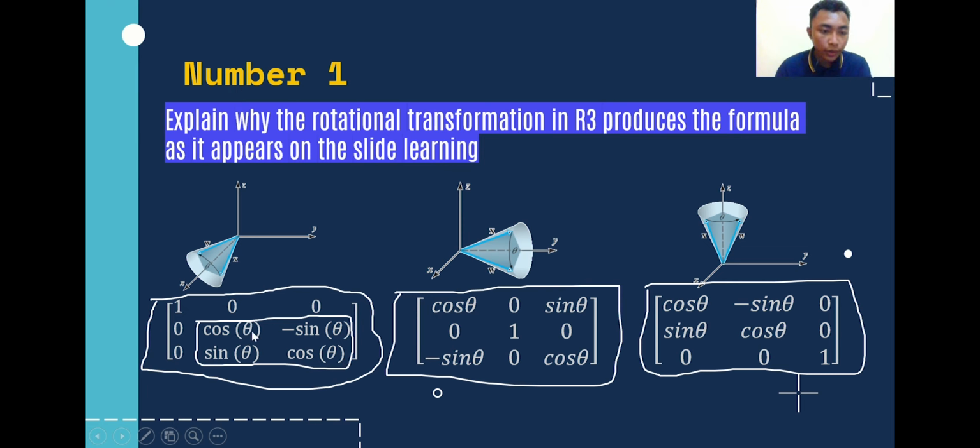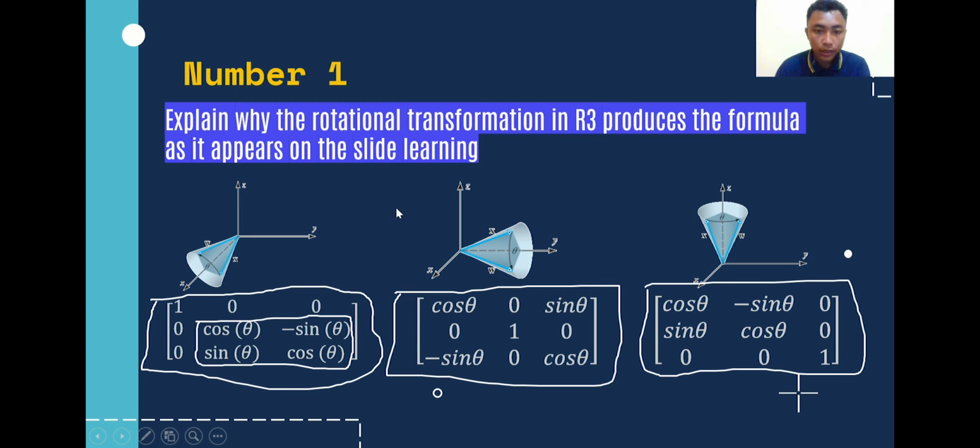This is the same as the rotation in the z-axis. We just move the value 1 like this. In the x-axis it is 1 0 0 at the top, but in the z-axis it is 0 0 1.